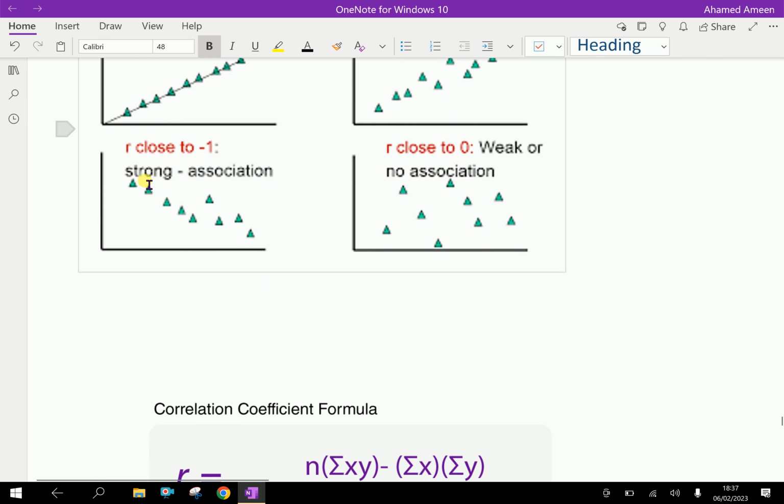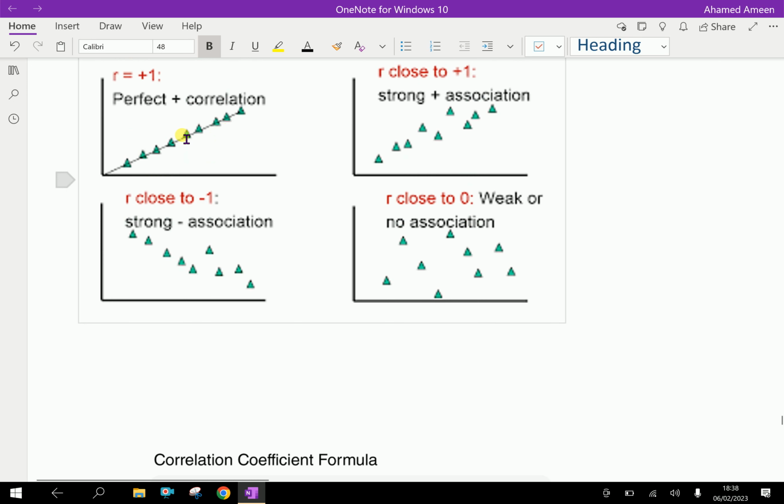Next, r close to -1 is a strong negative correlation, and r close to 0 means no association, a weak correlation or no correlation. If the line comes this way, it is a negative correlation.